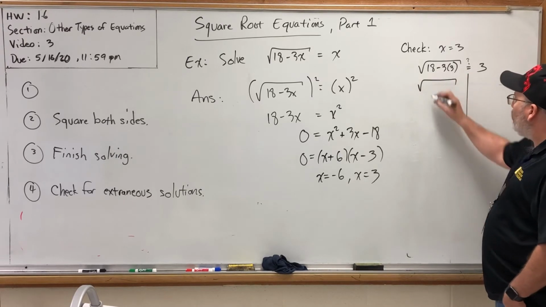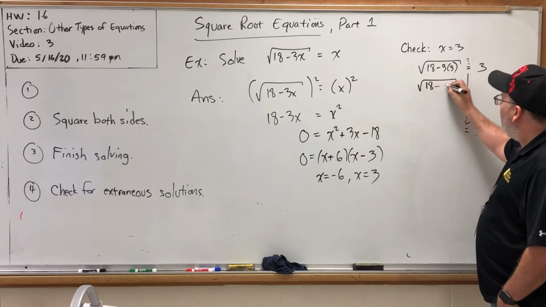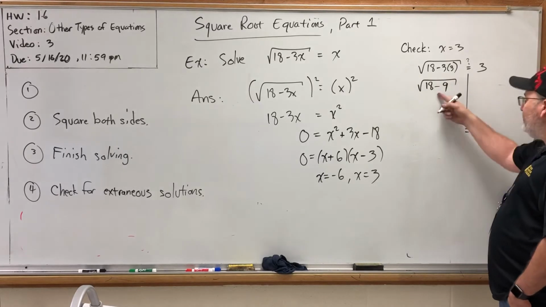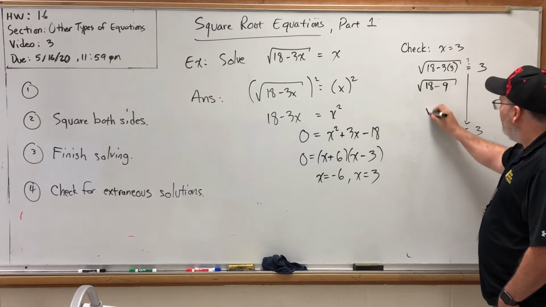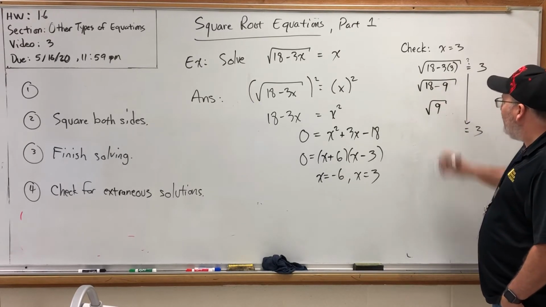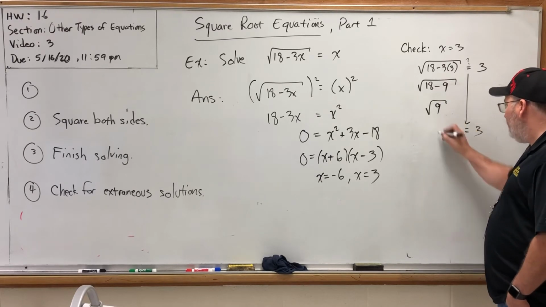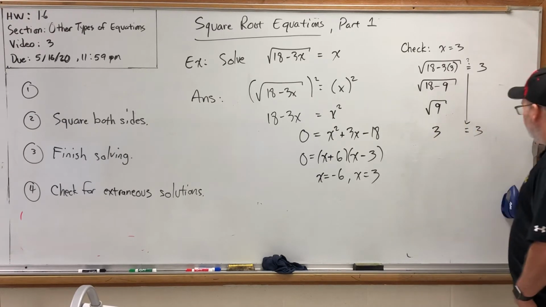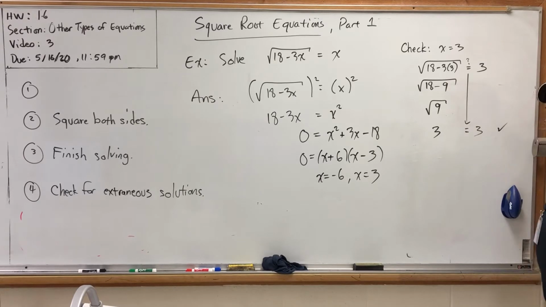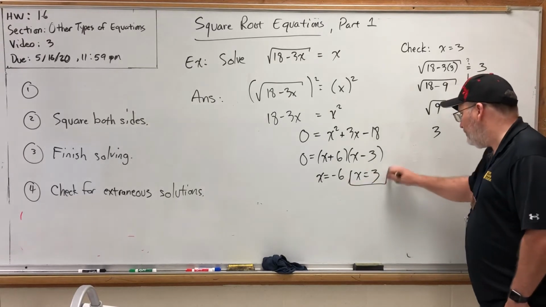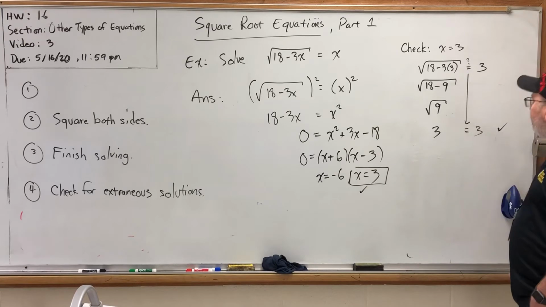If we go inside the square root and multiply, 3 times 3 is 9, but we haven't subtracted or square rooted yet. Then subtract, 18 minus 9 is 9, haven't square rooted yet. Square root of 9 is 3. The last time I checked, 3 is equal to 3. This 3 is good. We'll put a box around it.